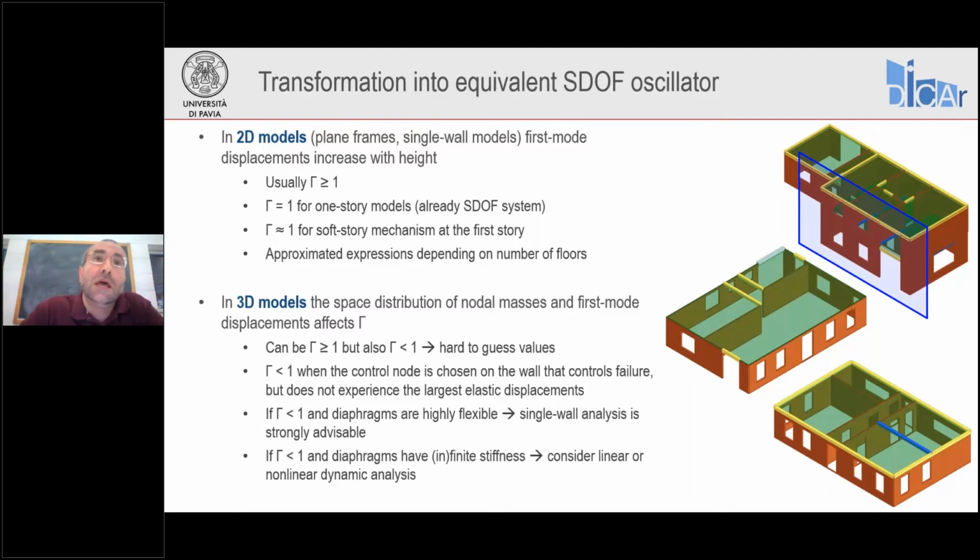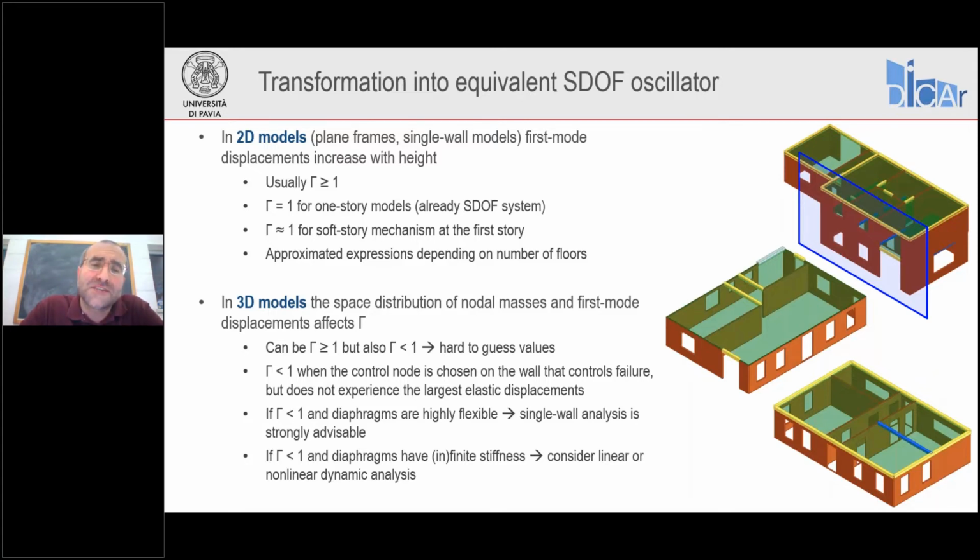This may happen because since the response is nonlinear, a wall that initially is stiffer than another one may get damaged first, and then it may start displacing more. So that's controlling failure, but initially it may not be the most deformable one. So if our control node is on a wall like this, we may end up with gamma less than 1.